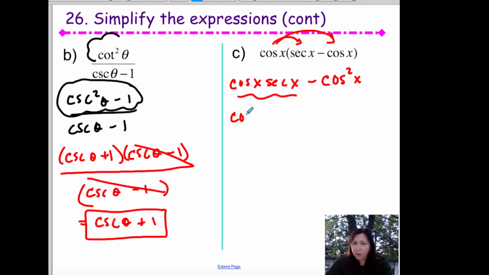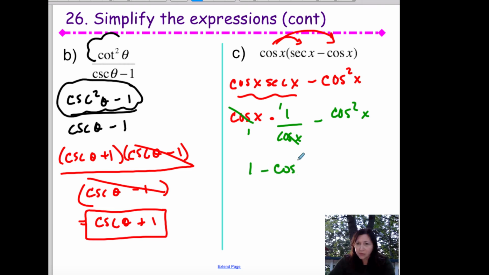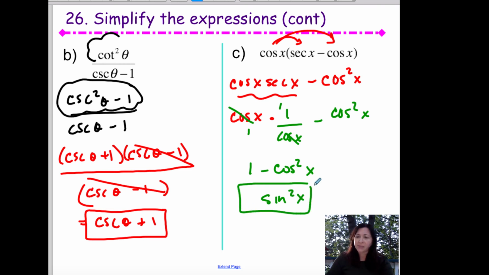This becomes cosine of x times secant being the reciprocal of cosine, so 1 over cosine of x, minus cosine squared of x. These are going to cancel and make 1. So I have 1 minus cosine squared of x, and 1 minus cosine squared of x is just sine squared of x. And so that just simplifies to be that.